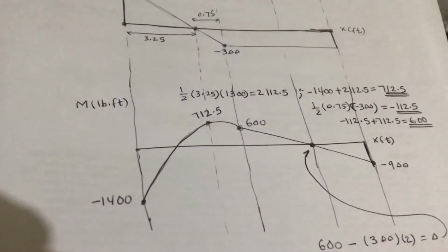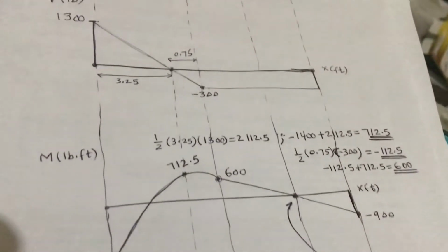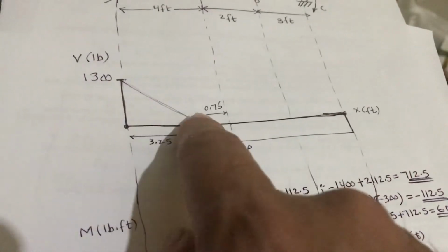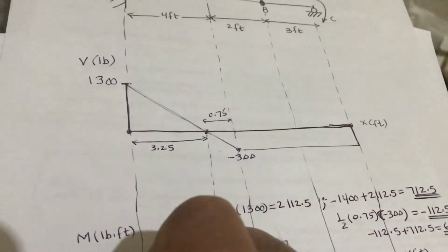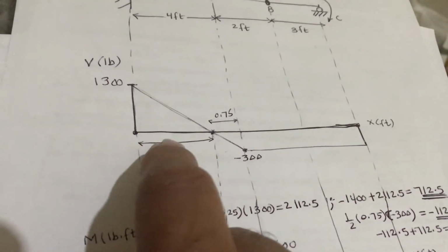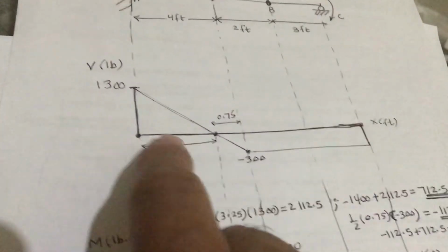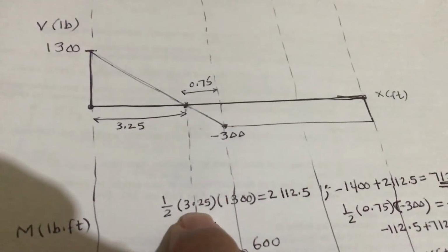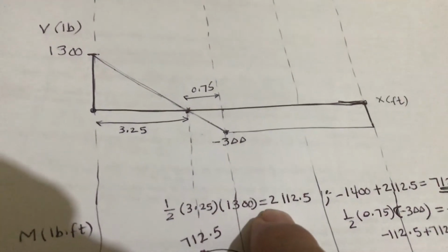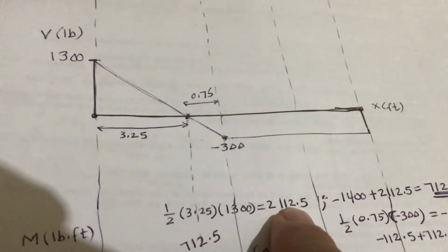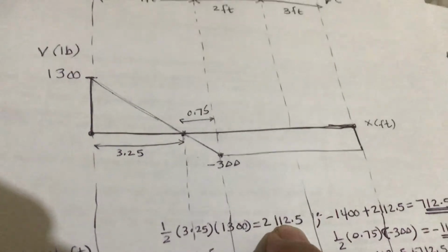Now let's find the moment. First of all, you have to find the area under this triangle. Remember, it's 1,300 here, 3.25 here. So it's 1/2 times 1,300 times 3.25, that is 2,112.5. Okay?